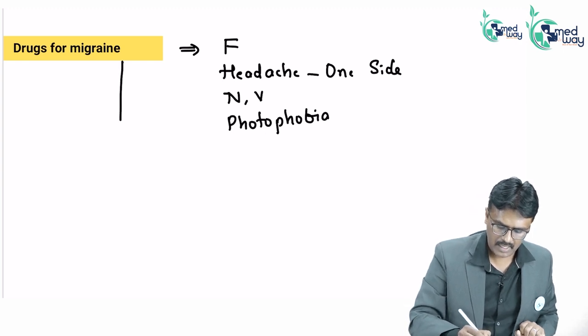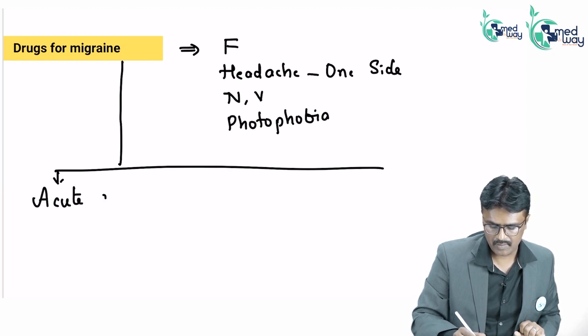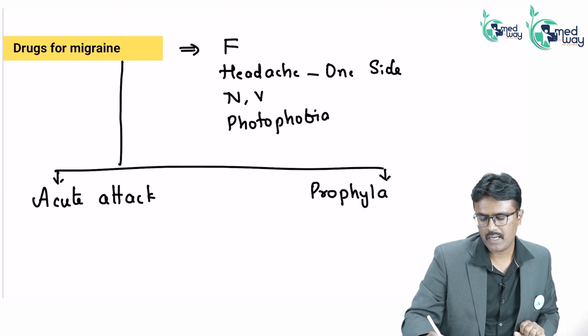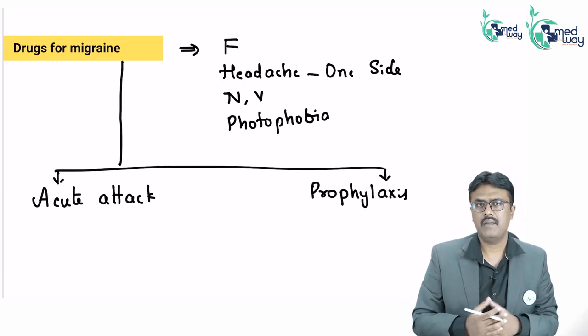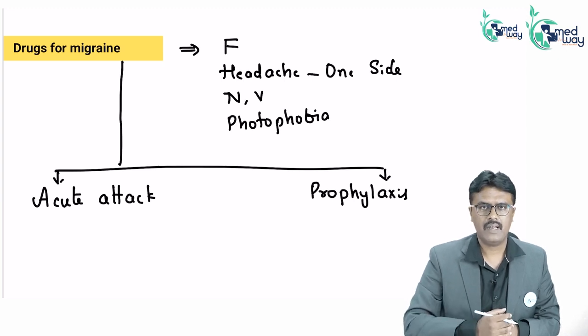So whenever I manage migraine, I have two important strategies: to manage an acute attack, and the drugs used for prophylaxis. Whenever somebody has an attack of migraine, immediately I have to treat. What is prophylaxis?